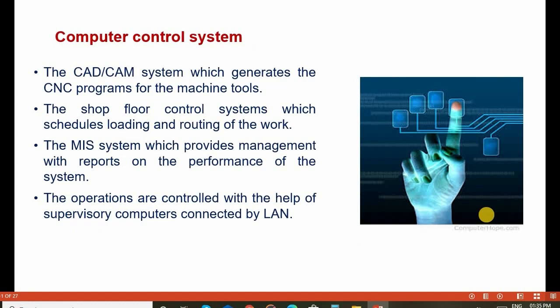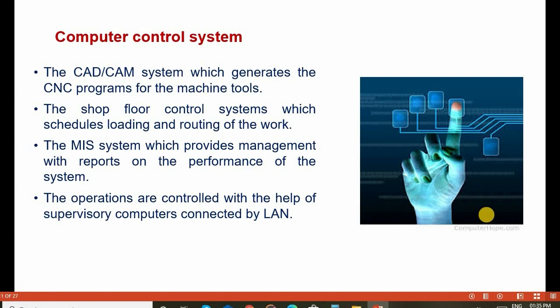Under the computer control system, it generates the CNC programs for the machine tools. So the computer control system generates the CNC programs which are used to perform the various machining operations in the machine tools. The shop floor control system schedules the loading and routing of the work.